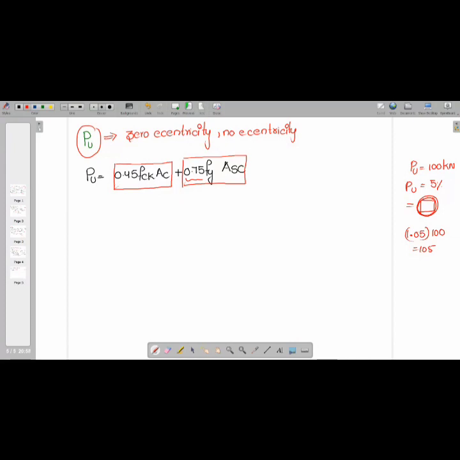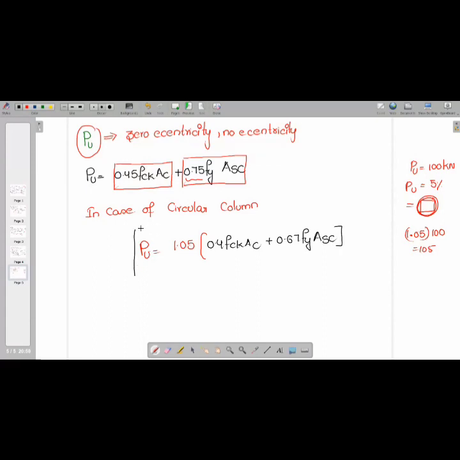So you can write here, in case of circular columns, the ultimate load will be taken as, sir, this is for minimum eccentricity, that is 1.05 into (0.4 fck Ac plus 0.67 fy As).